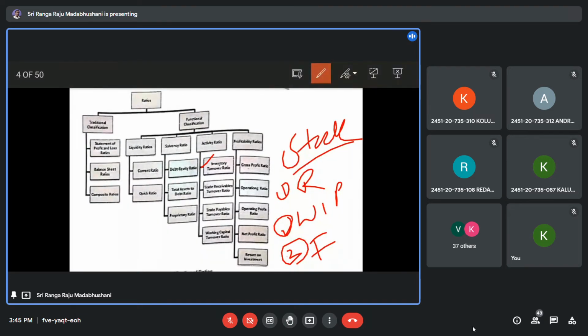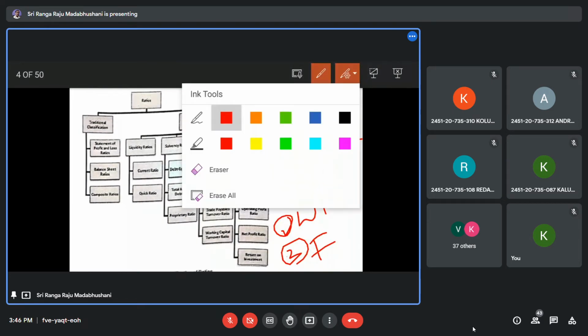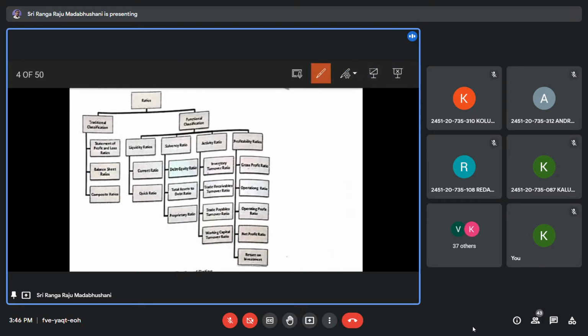If it is trading, then we will have only finished goods. How many times we purchased, converted into finished goods and sold, and again, that is one cycle. How many times we did that shows the efficiency of selling your product. So that is the inventory turnover ratio.